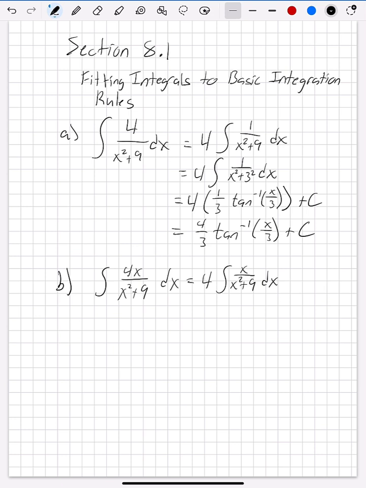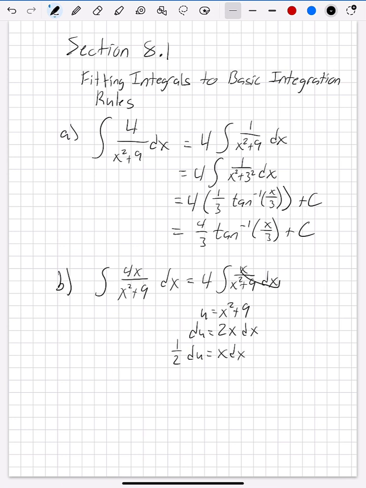So if I let u equal x squared plus 9, then du would be 2x dx. If I divide that over, I get 1/2 du equals x dx.